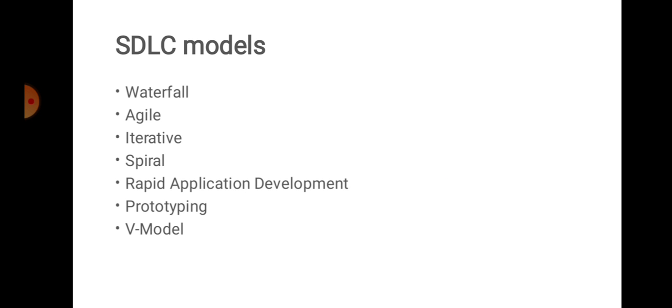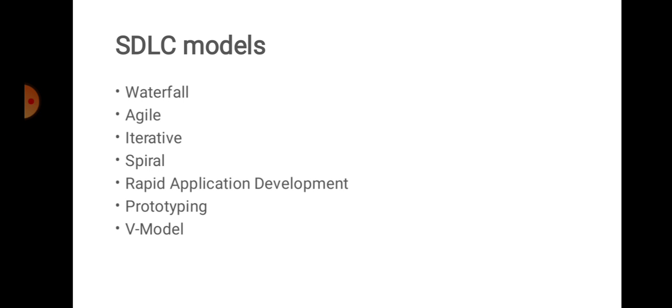Then the agile model, the most important model, is a combined approach, incremental as well as iterative. Then the spiral model, rapid application development model and prototype model.